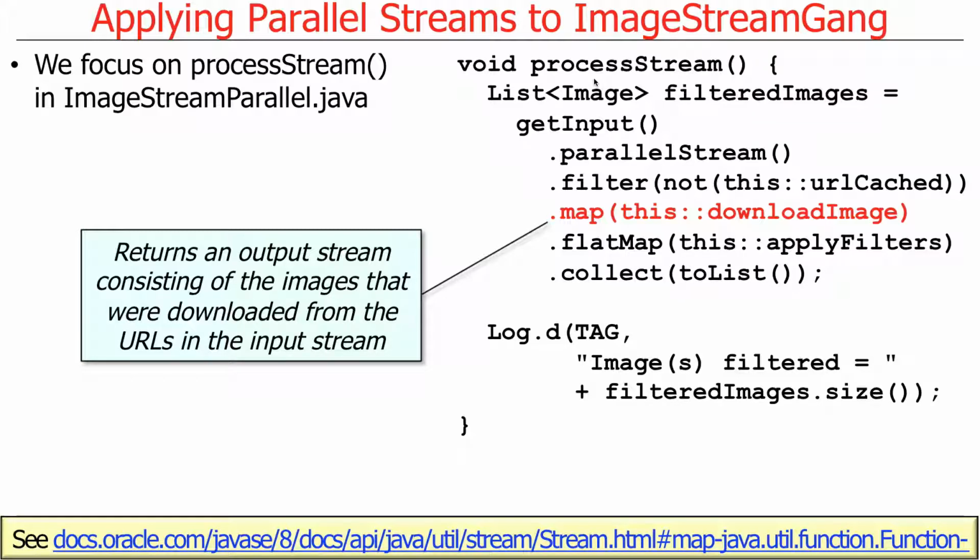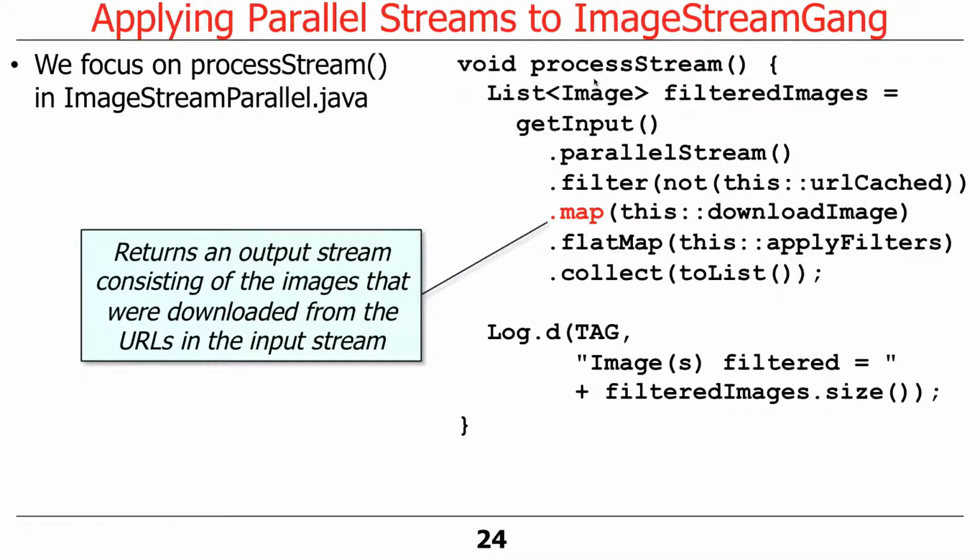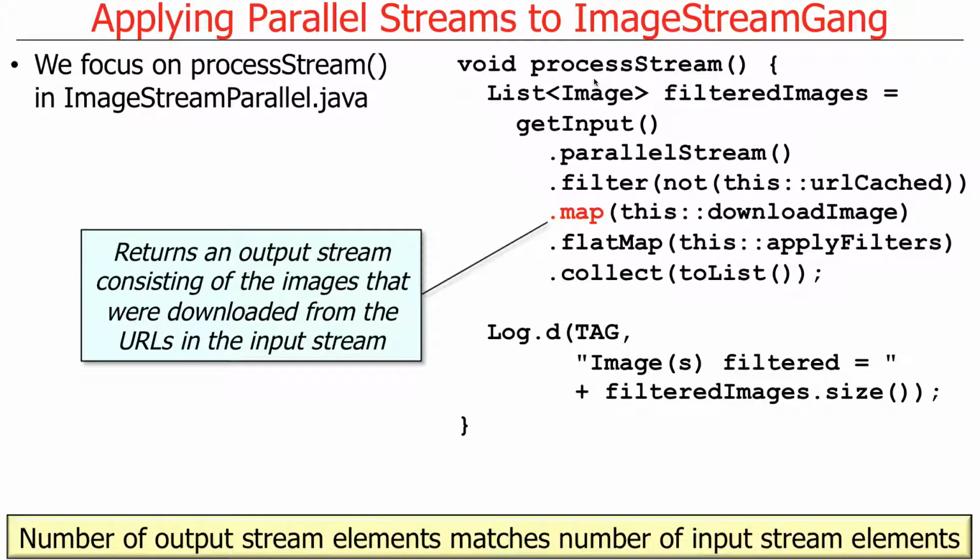So when this is done, we will end up with a list of so-called image objects, where an image object corresponds to what has been downloaded. And the number of output stream elements from map always matches the number of input stream elements. So whatever we didn't throw away in this filter step, we've now downloaded those images. Now, of course, if the download had failed, you'll have to return an image that indicates it had failed.